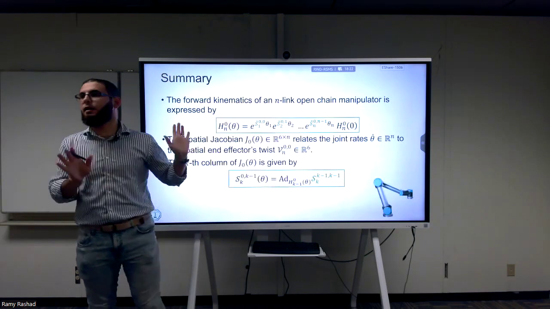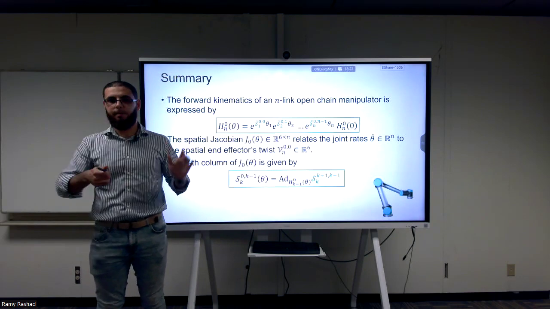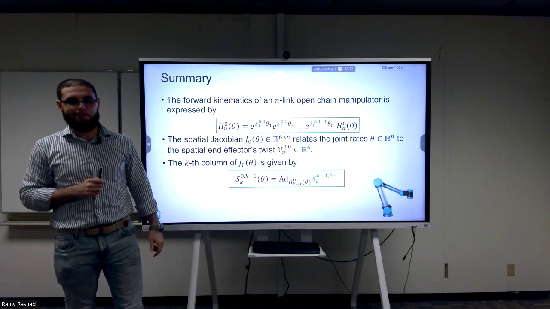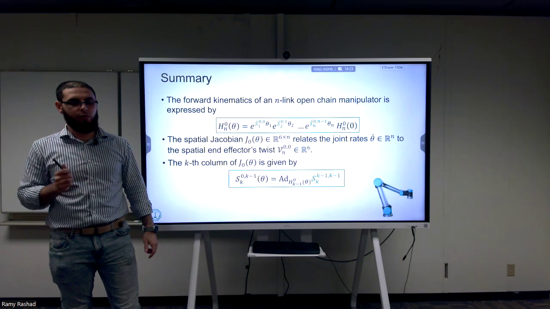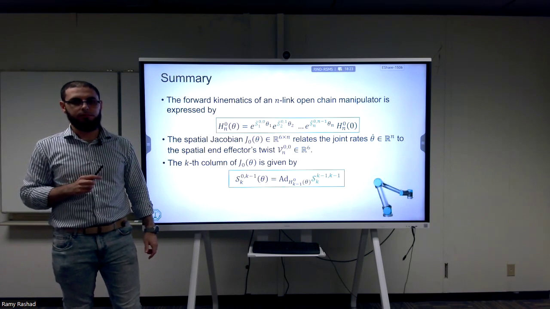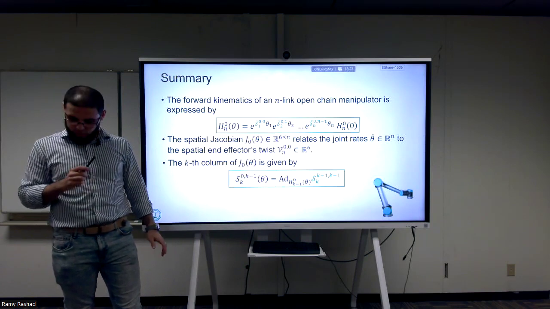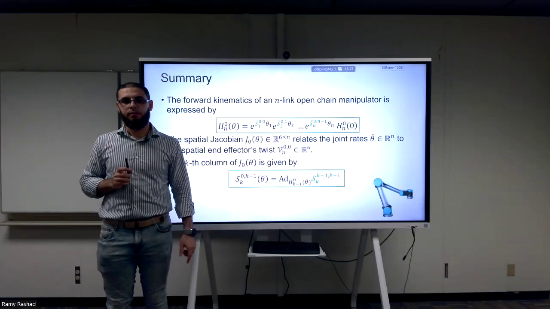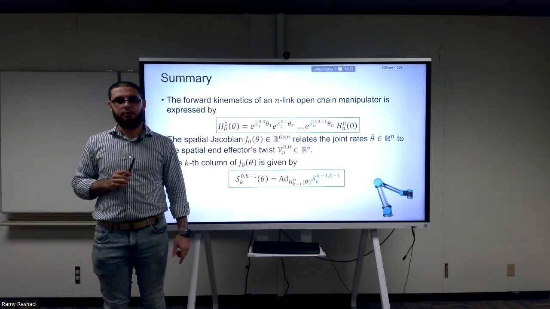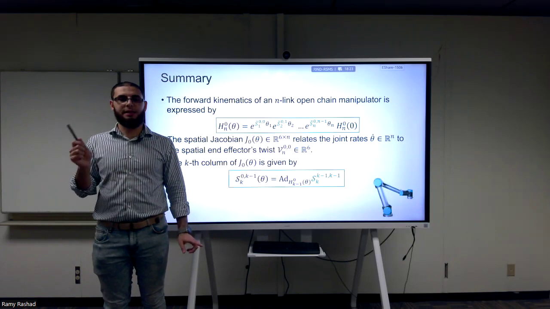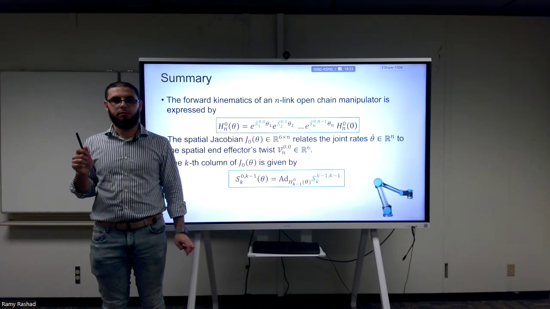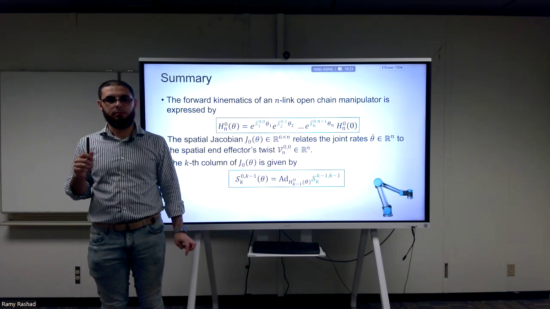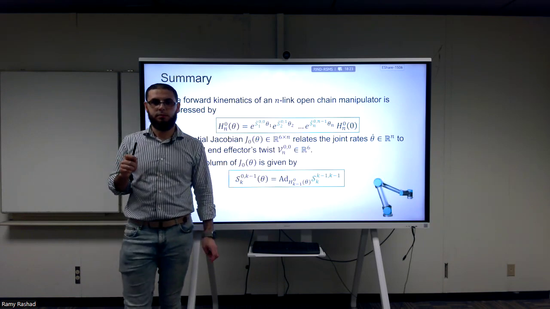So this is everything in the kinematics. Is it the same for other systems of robotics? This is for a robotic arm, for open chain linkages. You mean other robotics, as in kinematics, for example, for a quadcopter?